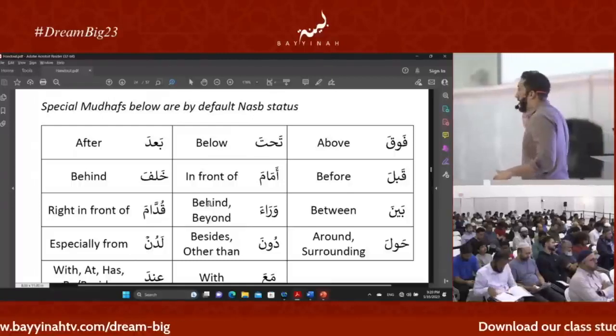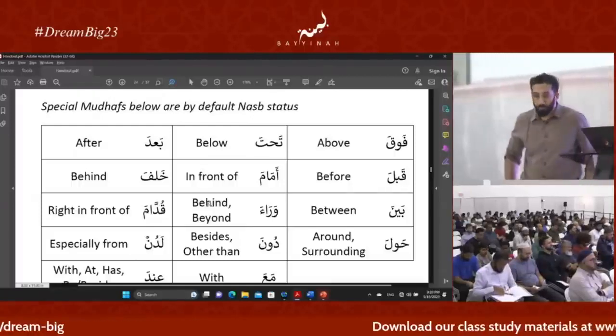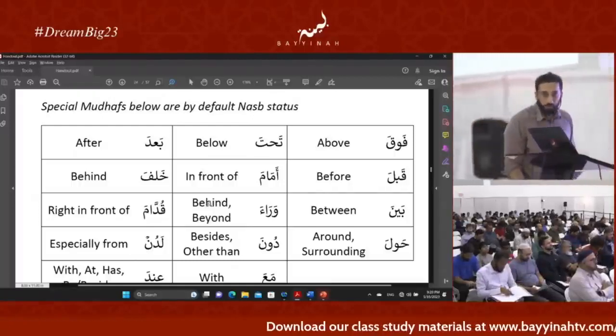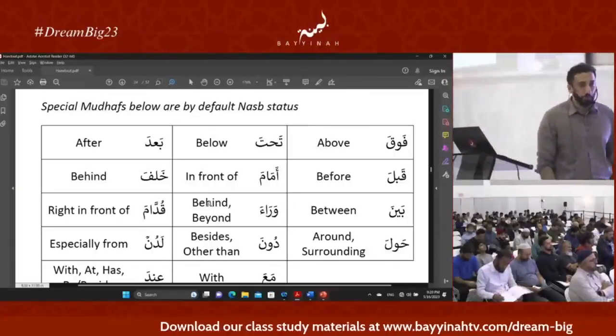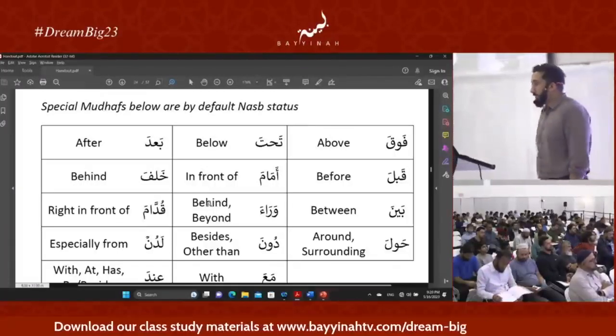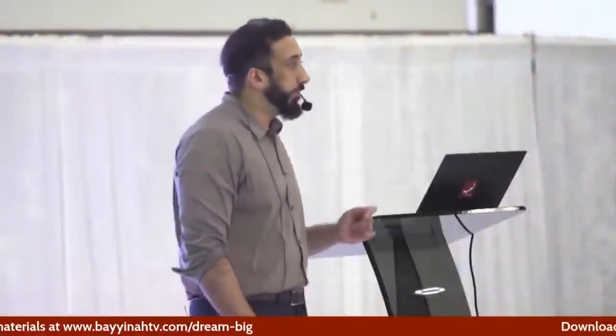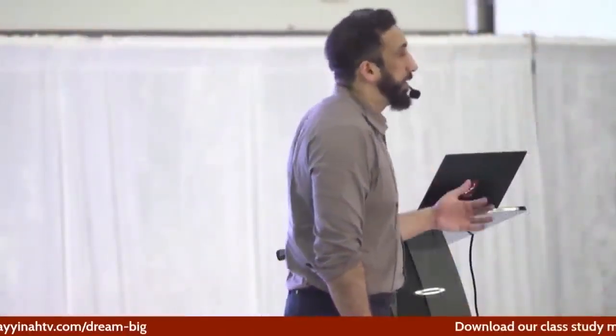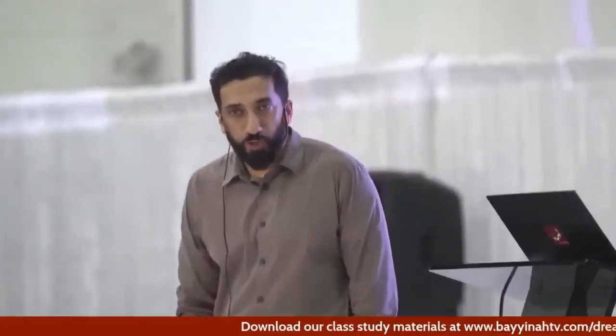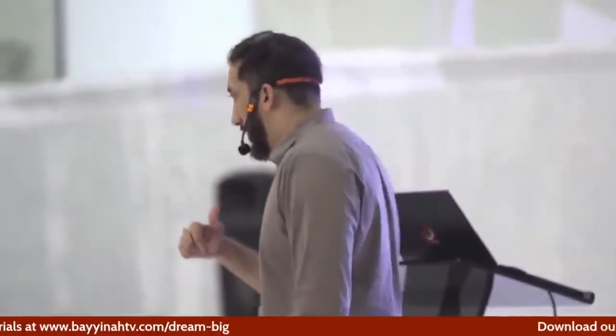I would have called them harf, but they're not. They're ism. And here's something else you should know about them. 99.999% of the time, if you see one of these words, it's going to be a mudhaf, which means the next word is a mudhaf ilayh.